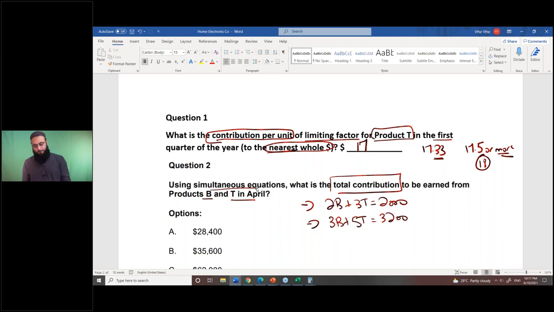So 5 and 3 are the figures I will use here and will multiply with the opposite equations. That is, 5 I'll multiply with the first equation, and 3 I'll multiply with the second equation. This is a trick to eliminate things easily.